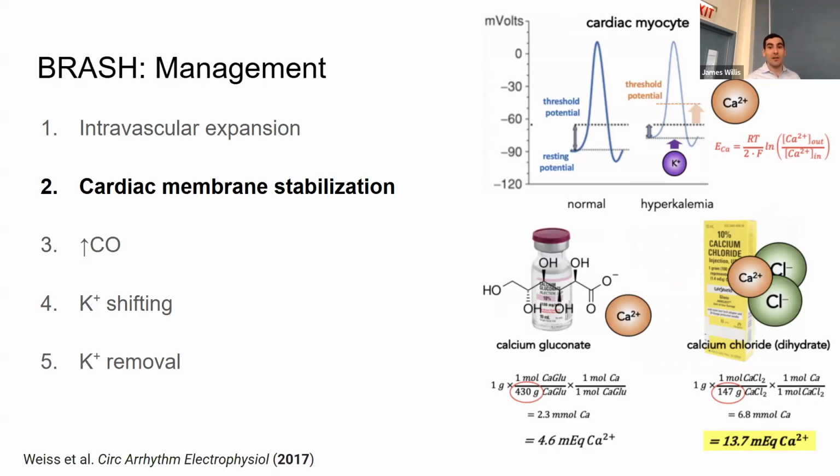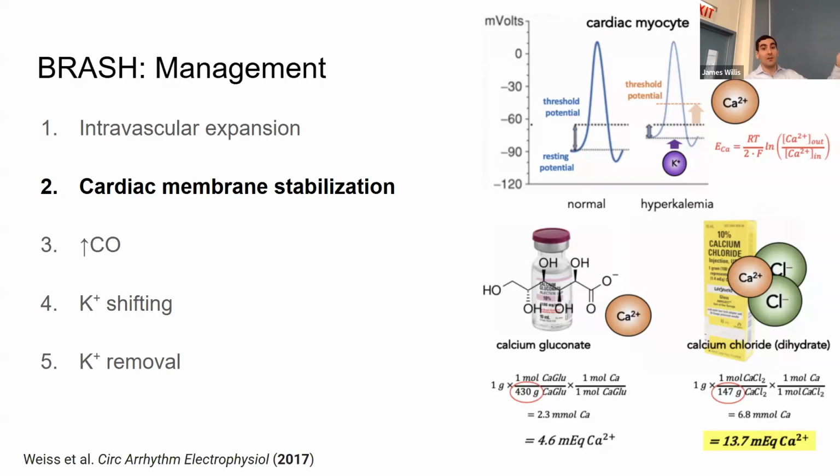So hyperkalemia raises the resting membrane potential closer to the threshold potential. That in turn affords a more excitable myocardium through partial inactivation of the sodium channels, which in turn shortens the action potential duration. And that corresponds to your increased QRS widening, which you'll oftentimes see in the setting of hyperkalemia.